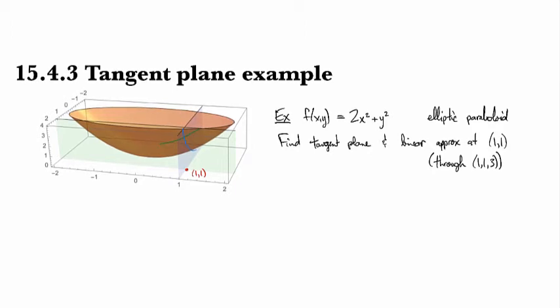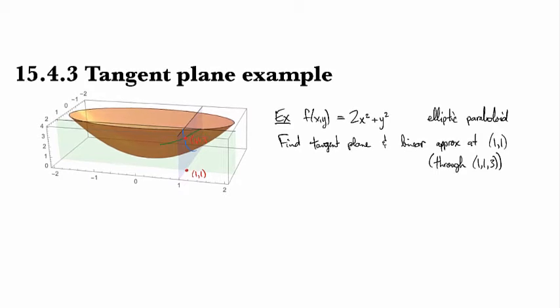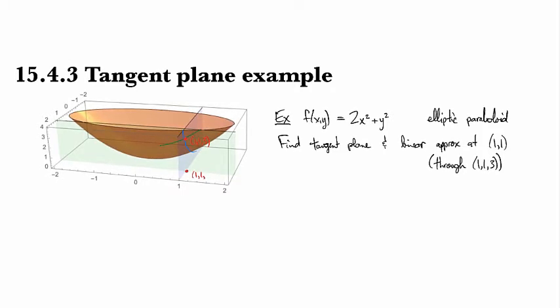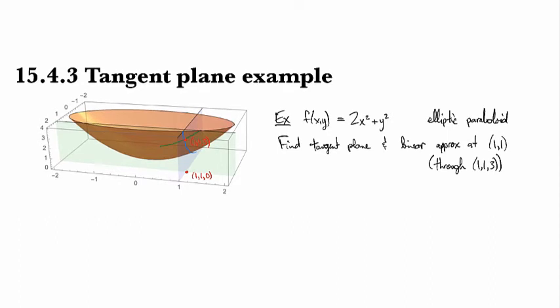And so directly up above there is this point right here. So this is the point 1, 1, 3. I guess maybe for clarity I should call the other one 1, 1, 0. So as a point in 3 space, it's 1, 1, 0. As a point in the domain of f, it's 1, 1.